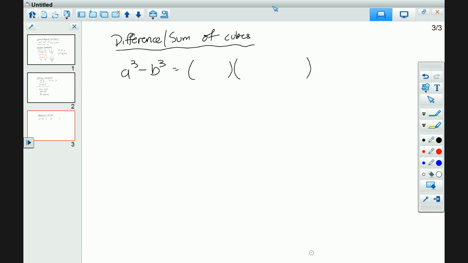This is why I should memorize this stuff. We'll just go to the internet, the all-powerful internet. Minus plus plus. Plus minus plus, okay. So it's just a sign change here.